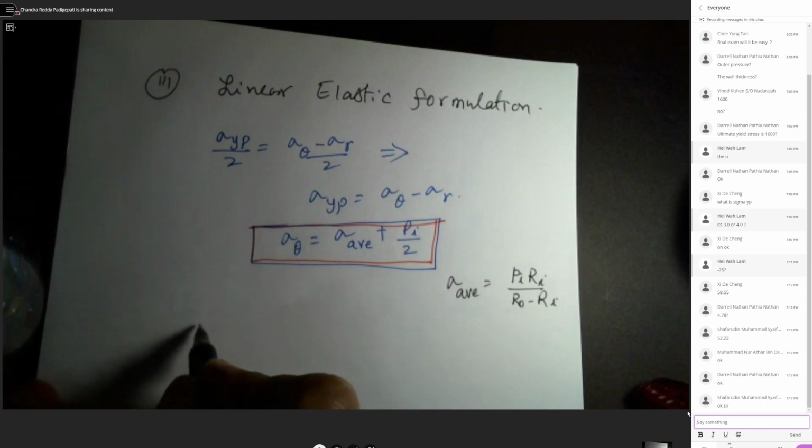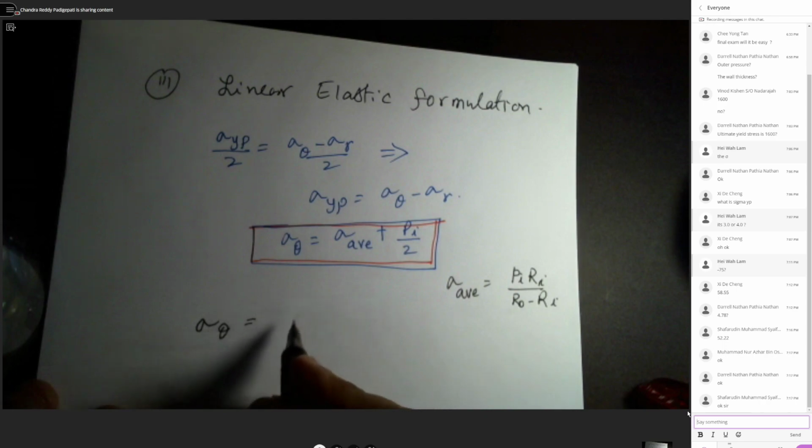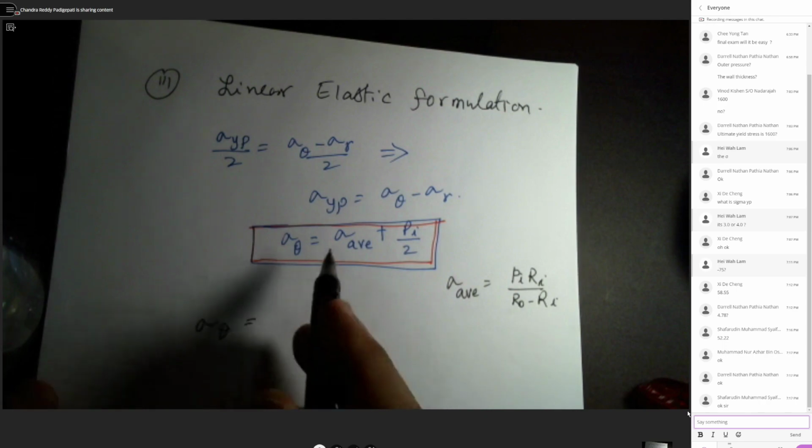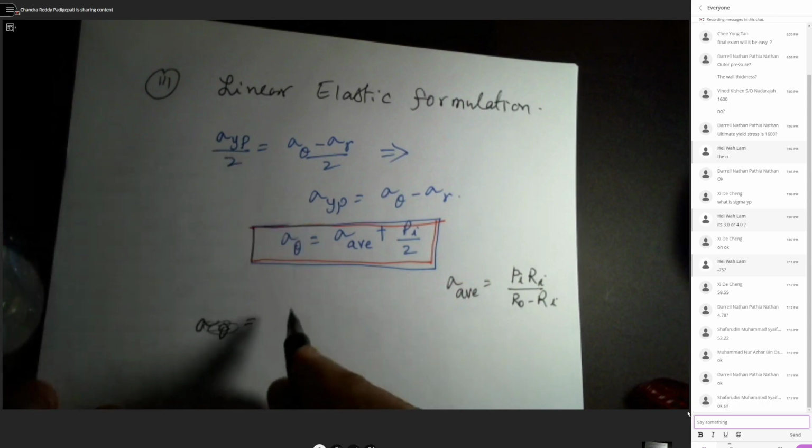So we can write sigma theta in terms of sigma yp.